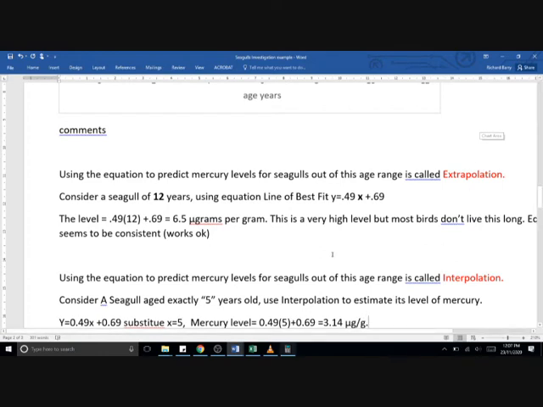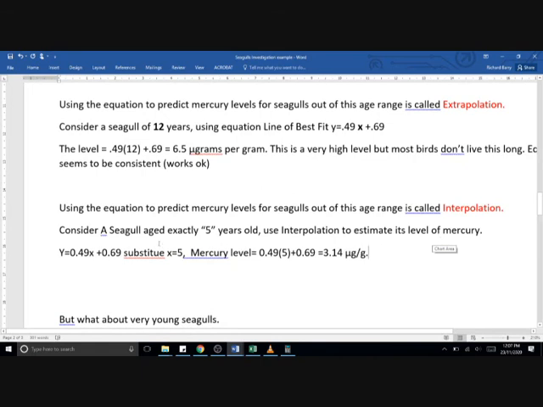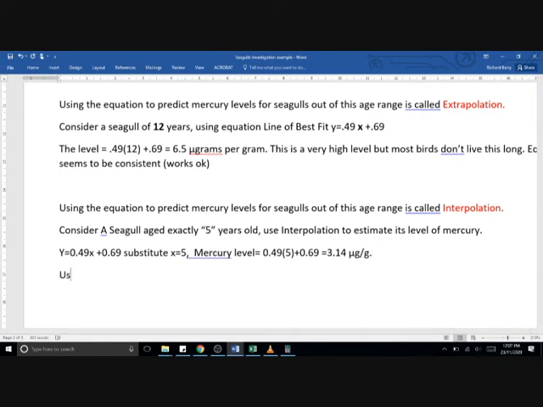Okay, so there's the mathematics spelled out. So you would probably underneath that write a sentence using the line of best fit. It is estimated that a bird of 5 years old may have approximately 3.14 micrograms.